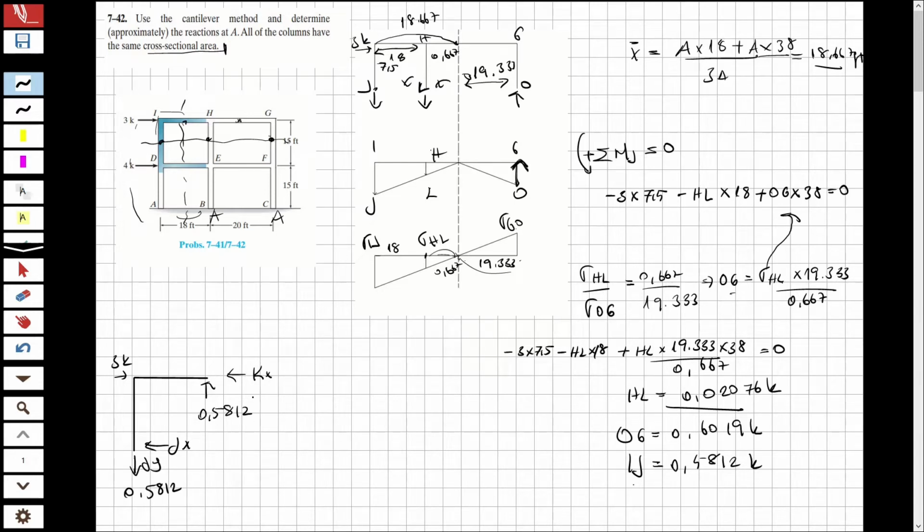So now let's write the total Fy. Actually, I don't need to write the total Fy, because if this is 0.5812, it's going to be the same, because there is no other vertical force.